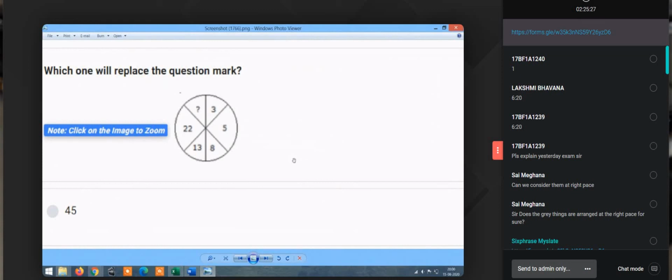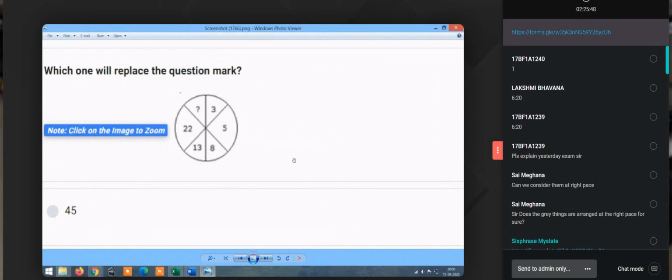So finally, what will you have? 22 into 2 minus 5. Okay. So 22 into 2 is 44, minus 5 is 39. So this is also possible. I know this is a little bit difficult, but still, now that you know, if you have such questions, you will be able to do it.